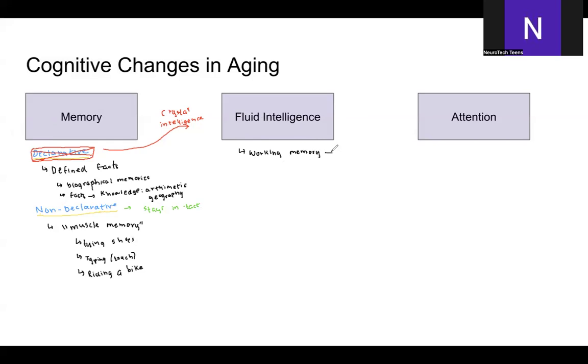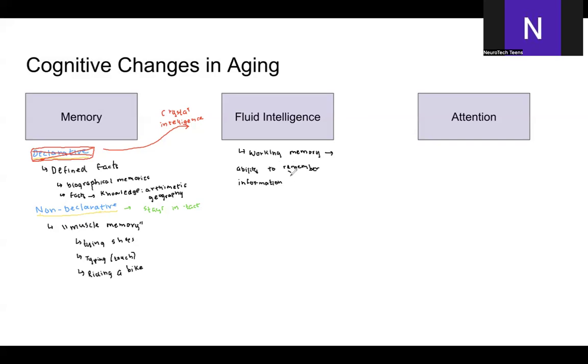Well, working memory is defined as the ability to remember information while using it.